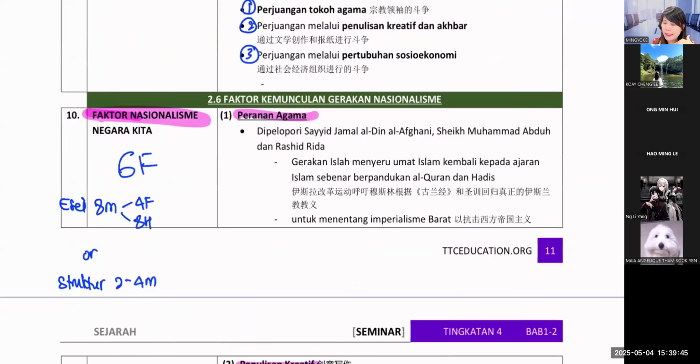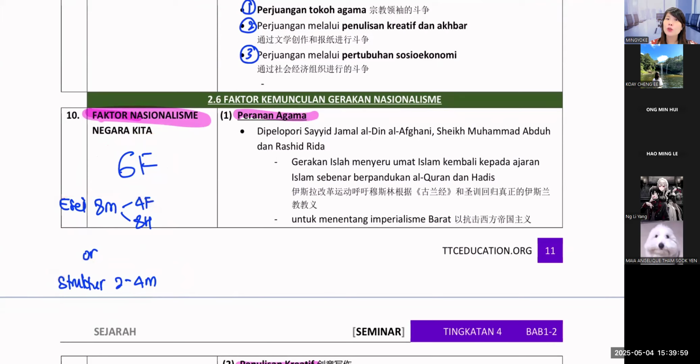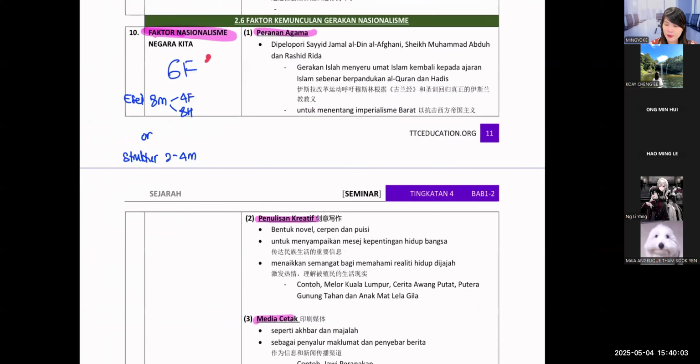So finally, what are the factors that nationalism exists in our country? There are 6 factors, guys. Again, structure is 2 to 4 marks, essay is 4 to 8 marks. For example, there are 6 factors. They can come out in essay, and they also can come out in structure.